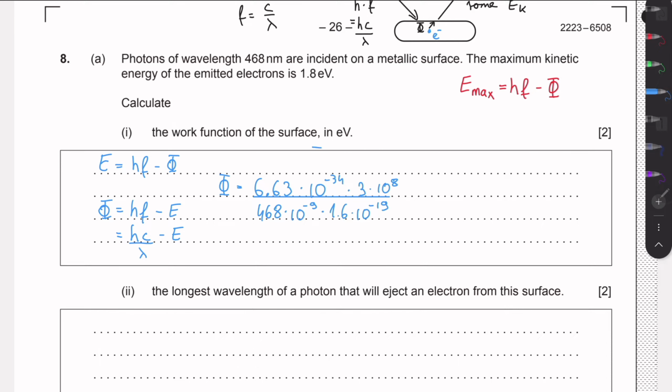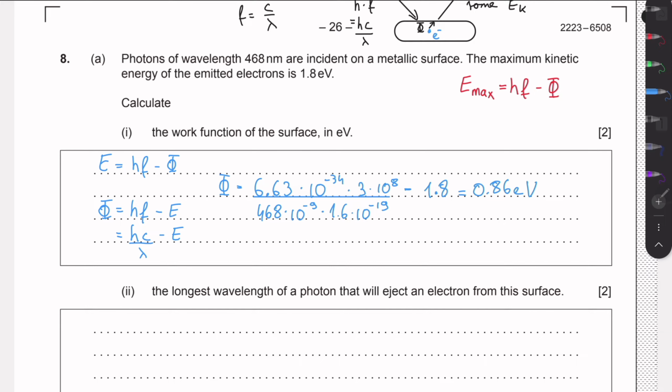Now this expression will give us the energy of the photon in electron volts. If we subtract 1.8 from this, the kinetic energy of the electron, then we'll find that the work function was 0.86 electron volts.